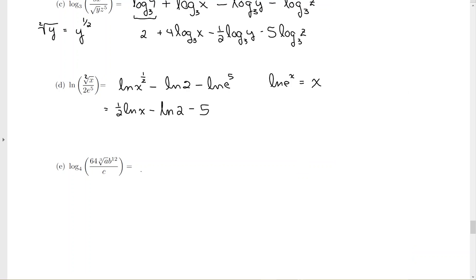Right. So for this last one, count up 1, 2, 3 positives and 1 negative.